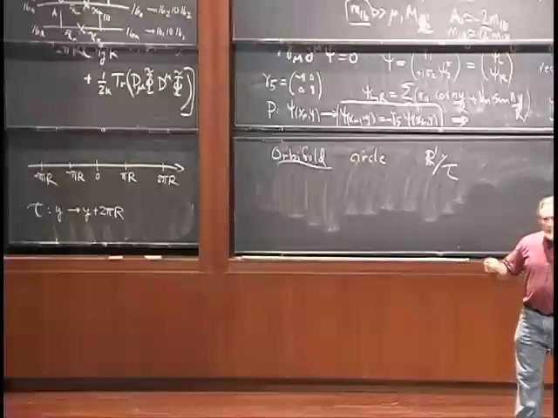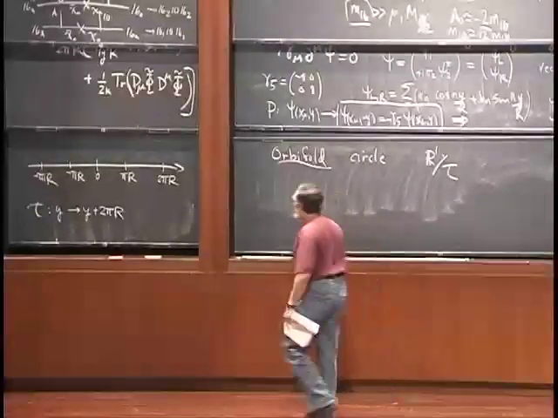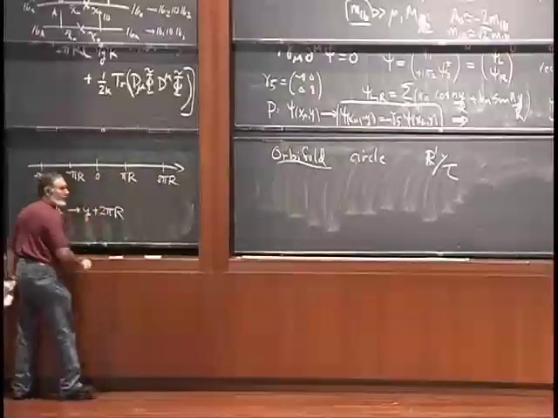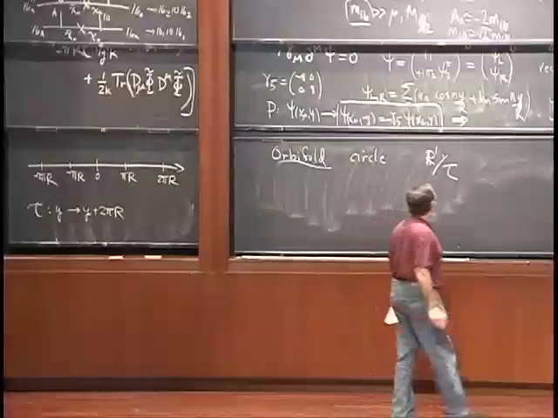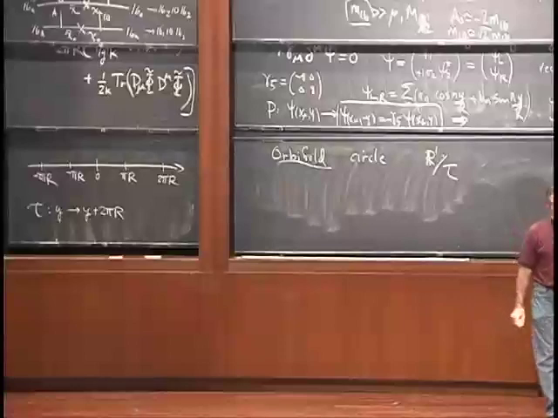Okay? So we've reduced the fundamental domain of this theory to being a circle where this point and this point have been identified by the translation operation. Okay, so we've defined a circle by this space group translation operation.